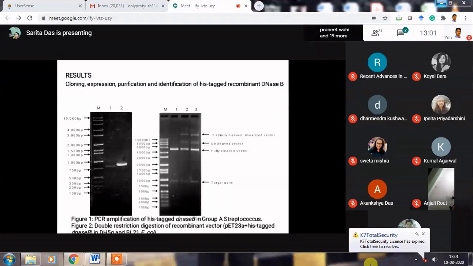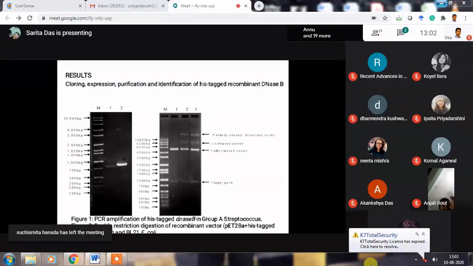Here the pET28a plus the His-tag DNase B, that is the recombinant vector, is digested with BglII and XhoI, because we ligated the BspHI and the NcoI in the front and that actually messed up the restriction site.